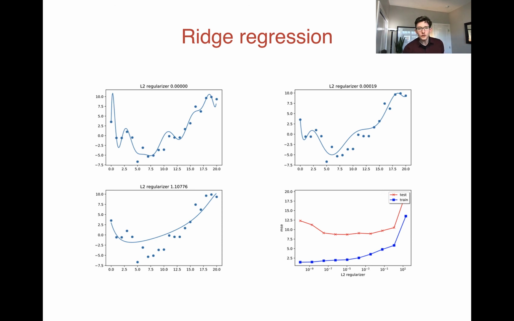So one way to choose our L2 regularization strength is using cross-validation. That is, we evaluate our mean squared error or residual sum of squares, two names for the same thing, on a test set, not in our training set, or a validation set if we want to save our test set for a final check.